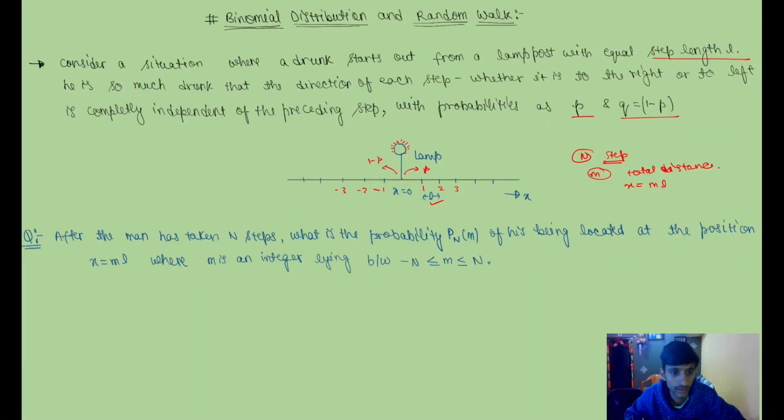So this m has to be an integer, and the maximum could be the total number of steps in both directions, so plus or minus N should be the range of m.